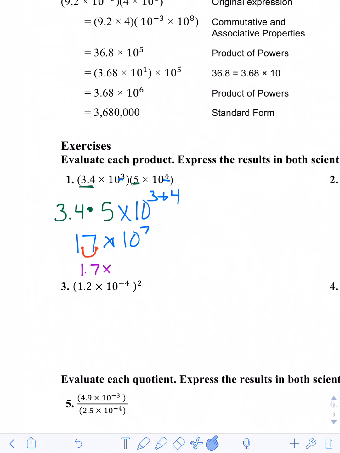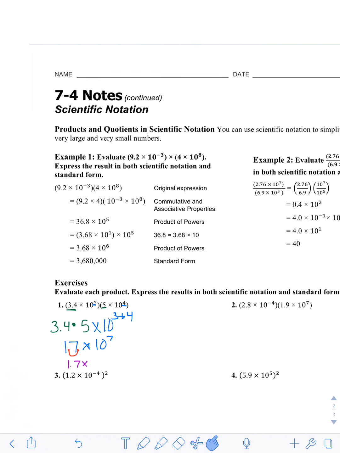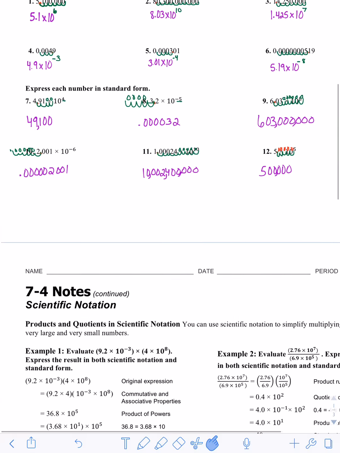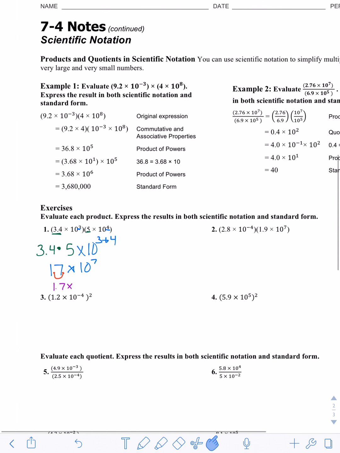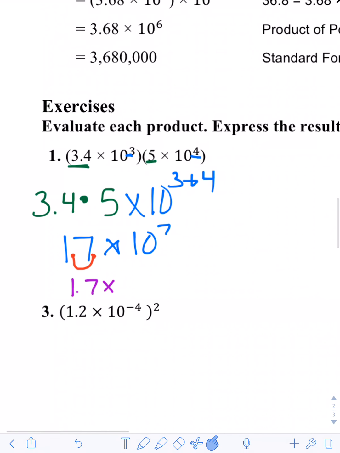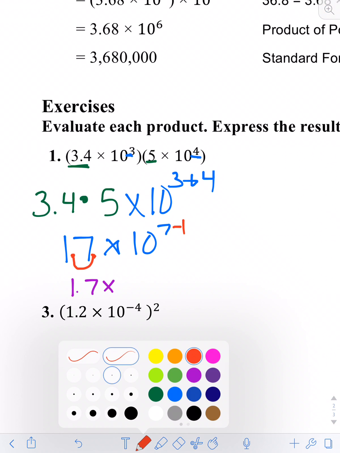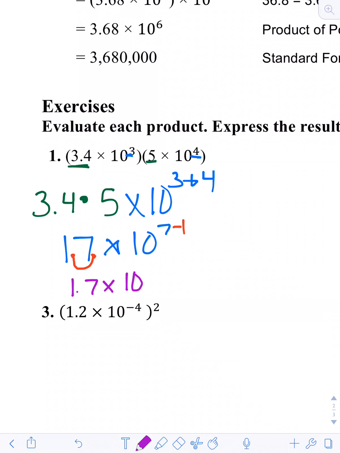Whenever you were going to the left, like for this one, you had a minus sign up here. So what we're going to do for this one is subtract 1 from this exponent. So you end up with times 10. 7 minus 1 is 6. Okay.